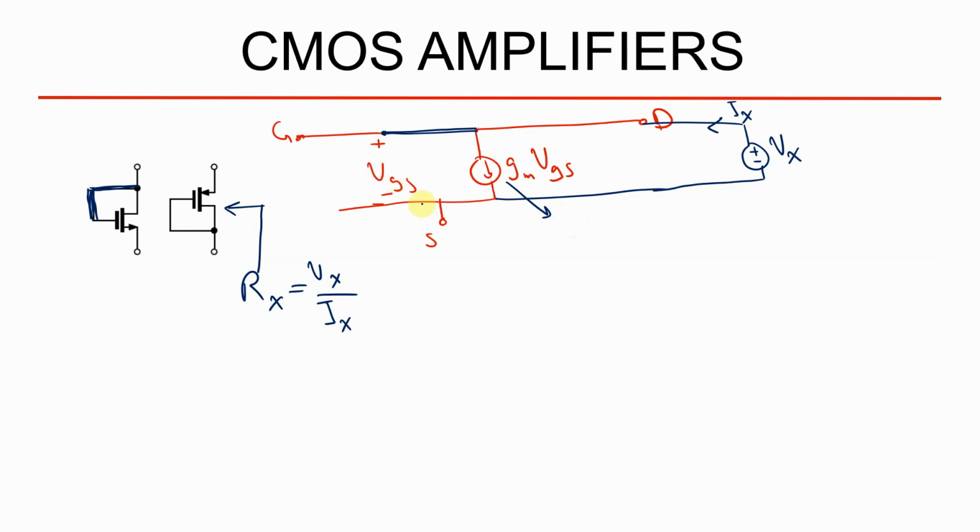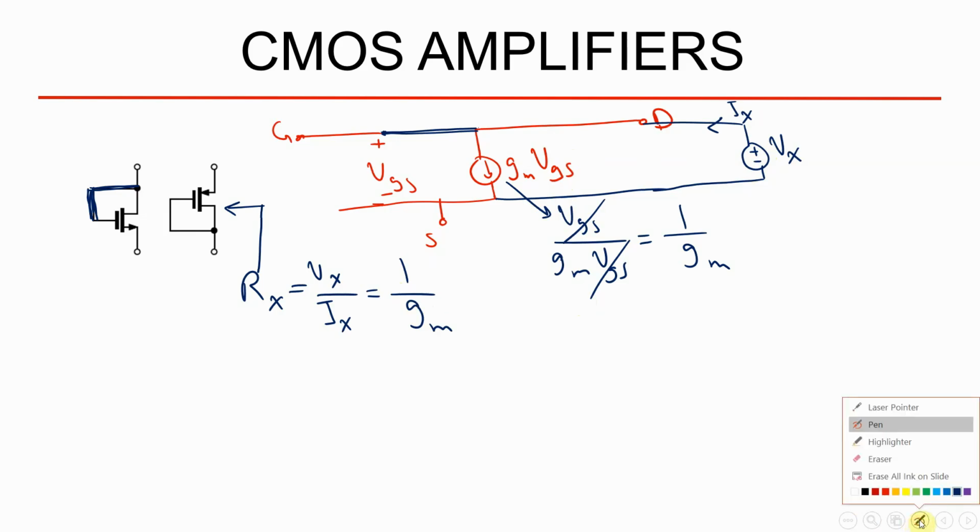What is its voltage? Its voltage is VGS. What is its current? Its current is GM VGS. So I can simplify this one, and I get the result 1 divided by GM. And this is all we have left. We have no additional resistor. So Vx divided by Ix is just 1 divided by GM.